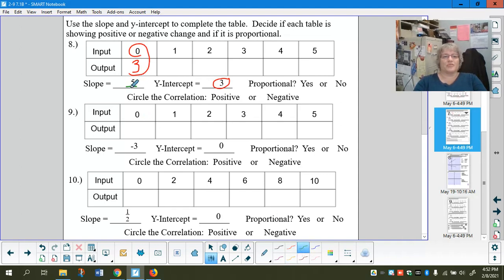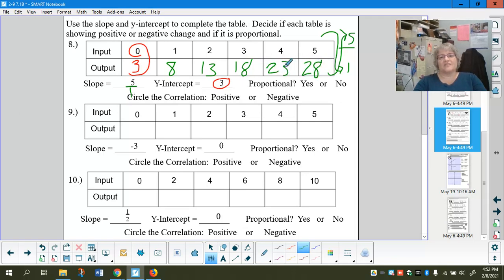So I've got a slope of 5. I have to rewrite that as 5 over 1. That means the tops are going by 1s, which they are, and the bottoms have to be going by 5s. So 3 plus 5 is 8, plus 5 is 13, plus 5 is 18, plus 5 is 23, plus 5 is 28.